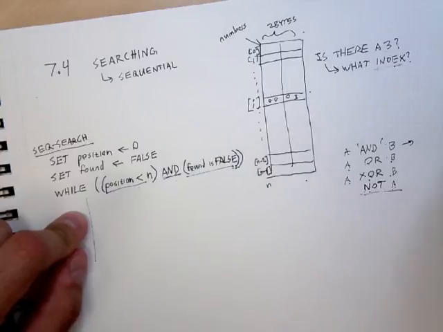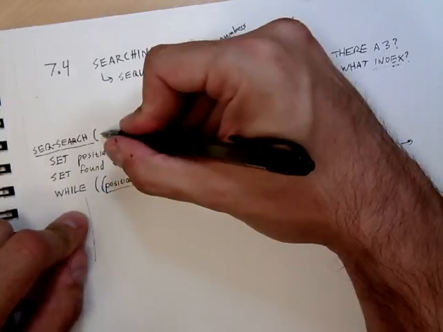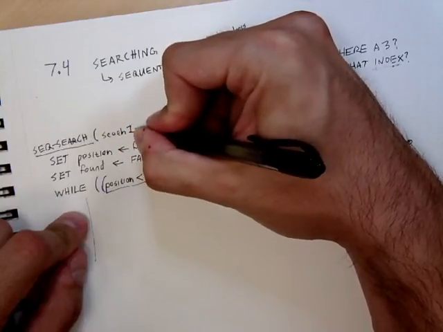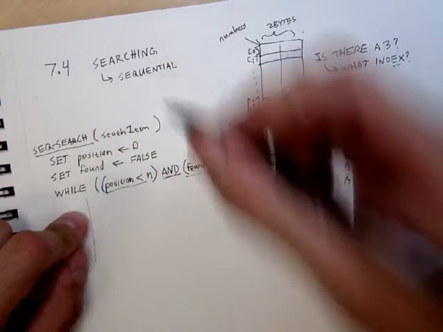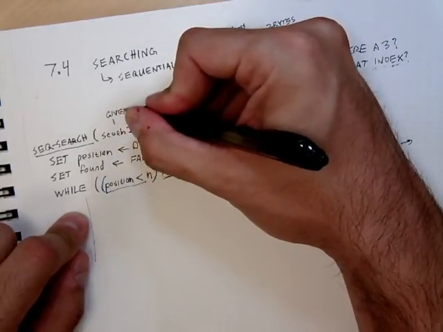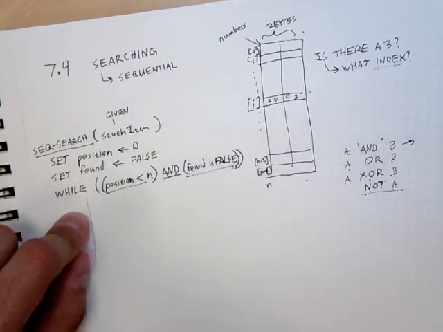All right? So we're going to imagine that there's some value being fed into this called search item. And so this is given. Remember, from problem solving, you always want to know what you're given, right?